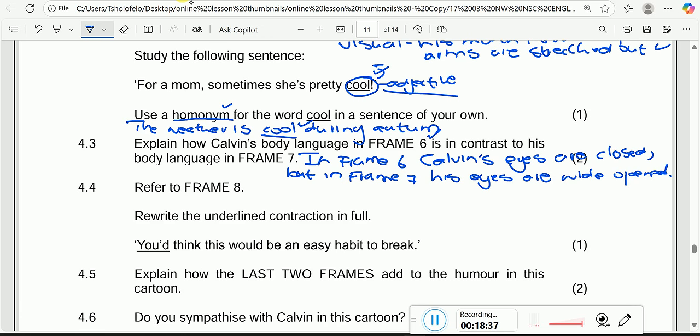This is the contrast. Here they were closed, here the eyes were wide open. I'm speaking about the same feature differently.